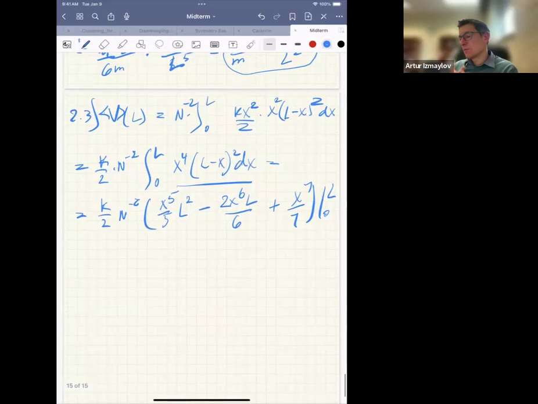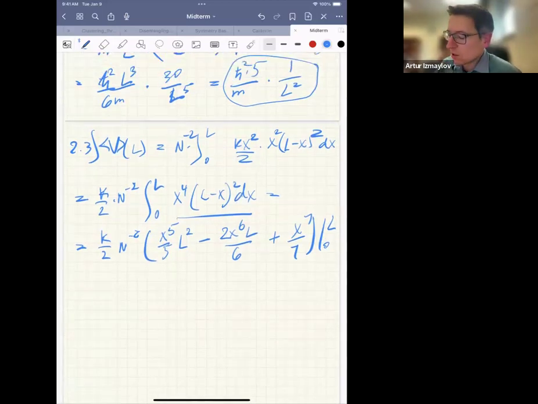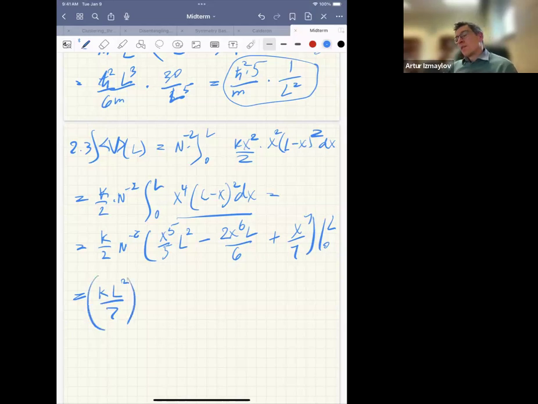So you could just reuse that integral value. And if you do all the terms correctly and do all the cancellation, you're going to get kL squared divided by 7. That's potential energy.